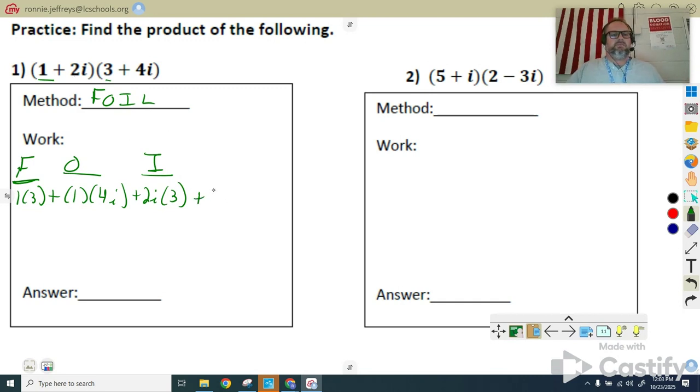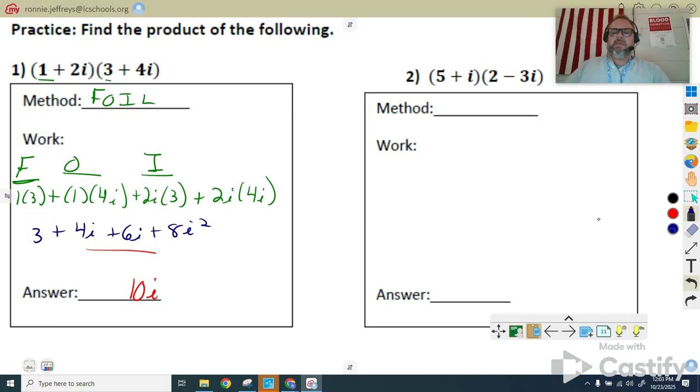And then plus 2i times 4i. All right, so this is 3, 4i plus 6i plus 8i squared. Well, with our i terms, we know this is going to be 10i. And then we're going to have 3, and then it's minus 8, because that's going to be 8 times negative 1. All right, so this is minus 5.